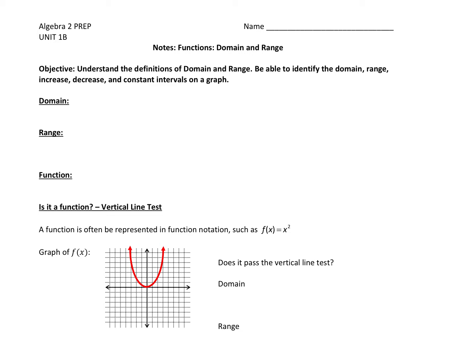So the first thing we need to talk about is the domain. Now, the domain is our inputs of our function. It's our x values of the graph of the function.